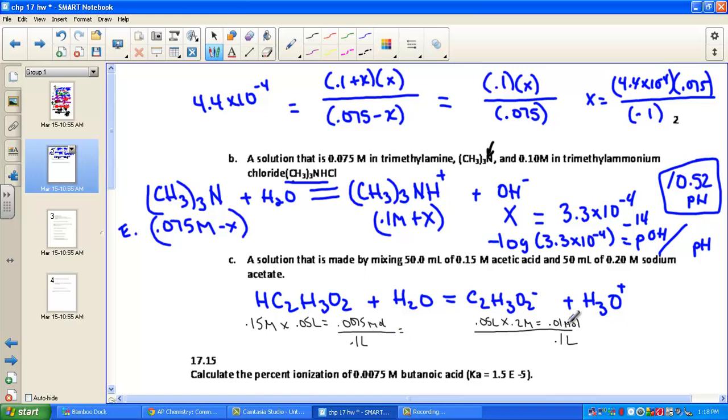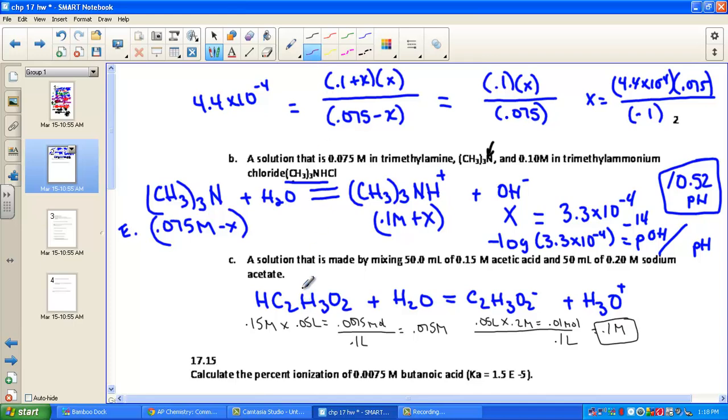So let's see, I have 0.01 divided by 0.1. This gives me 0.1 right back. So after the dilution, we have 0.1 molar of the acetate, and after the dilution, 0.0075 over 0.1, we have 0.075 molar.